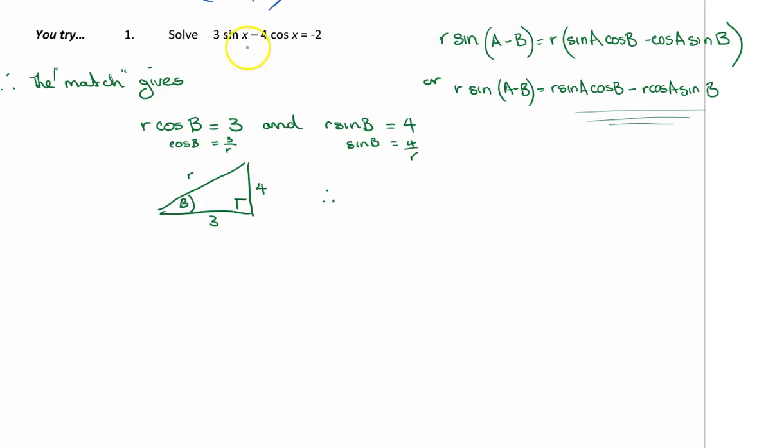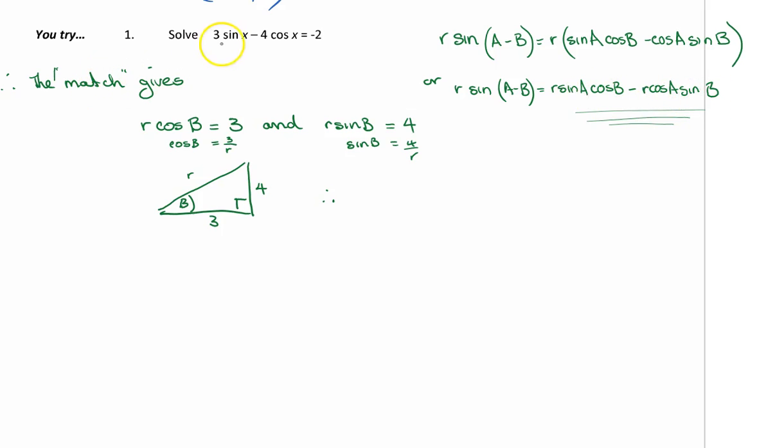So hopefully you can see it is the sine angle identity. But this time it's the subtraction of the angles. So it was from r sine a minus b, or I'll read it from here, then gives r sine a cos b and r cos a sine b.